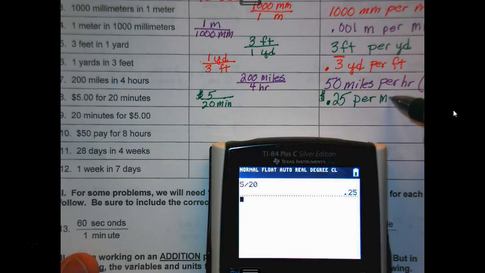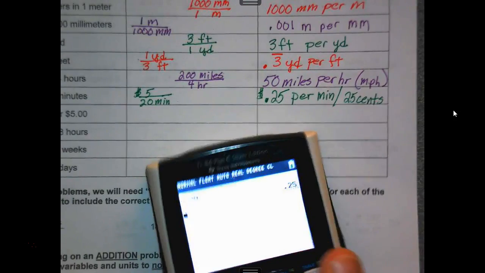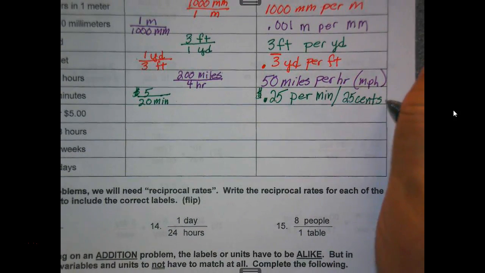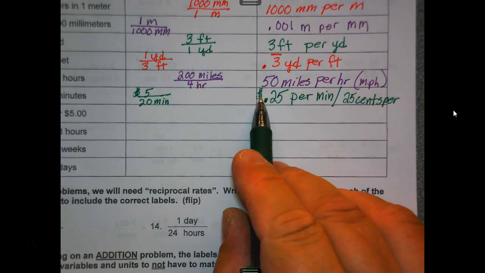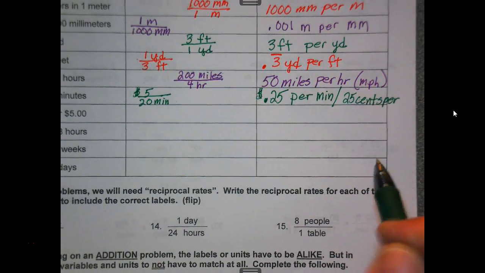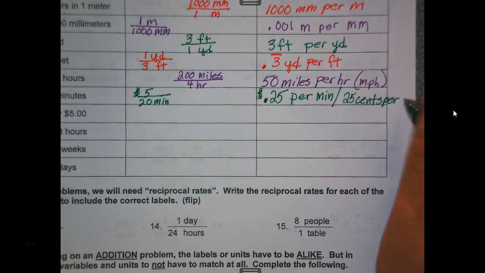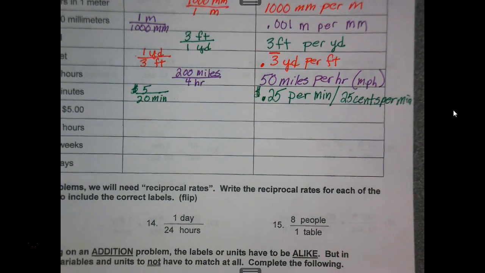Now, you're right. I could write it in cents. I could have 25 cents per minute, because this is $0.25. Yeah, I could have done just the cent line. Yeah, why don't you break some of this down? I will.